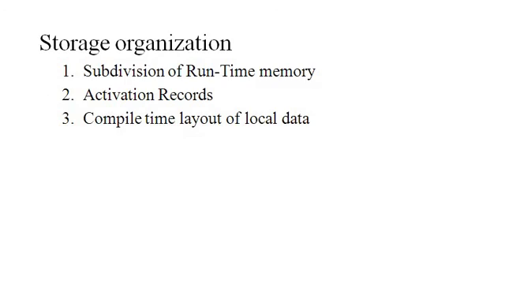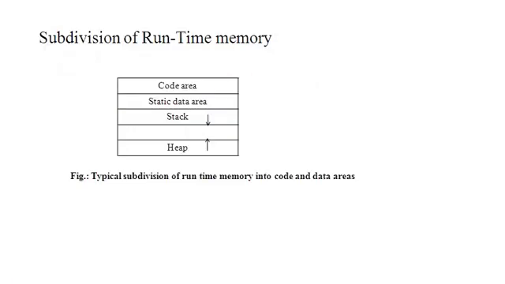Next is storage organization. There are 3 different parts in storage organization: subdivision of runtime memory, activation records, and compile time layout of local data. So, subdivision of runtime memory.